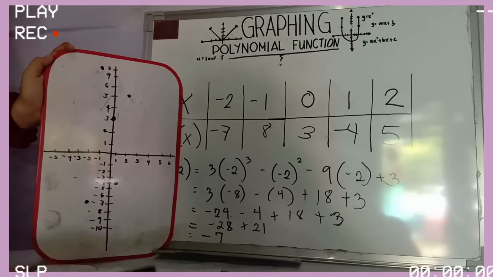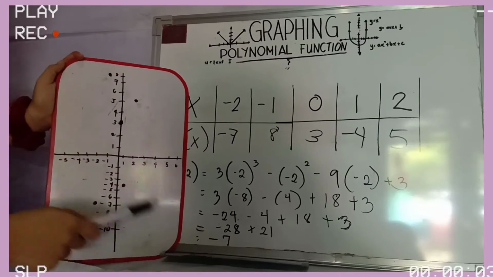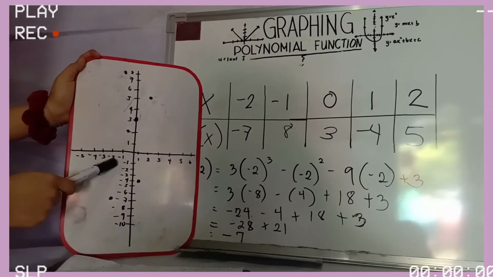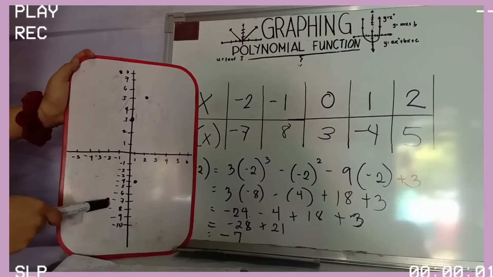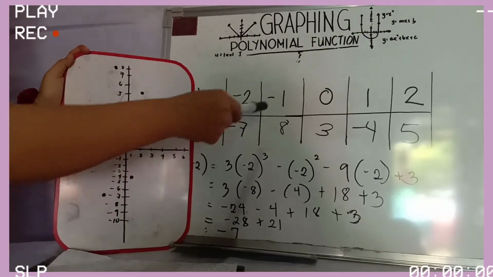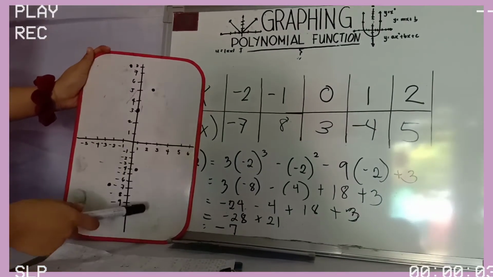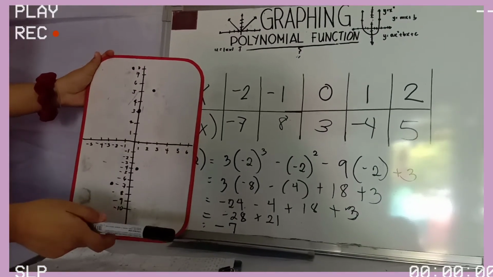So next, we're going to plot the coordinates. The first coordinate is negative 2 and negative 7. Next, negative 1 and positive 8.